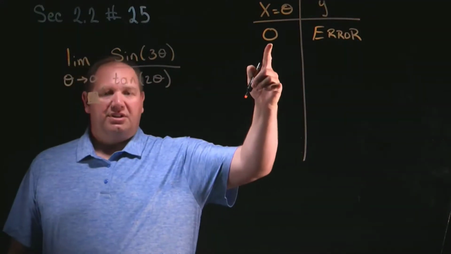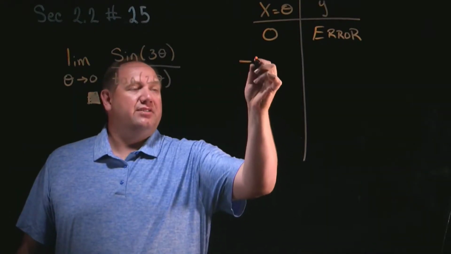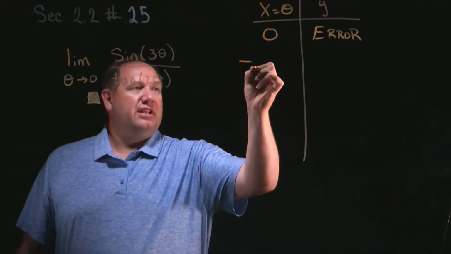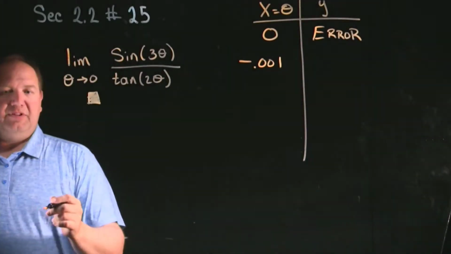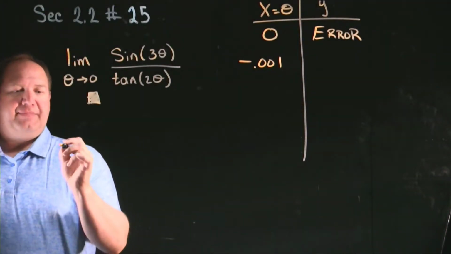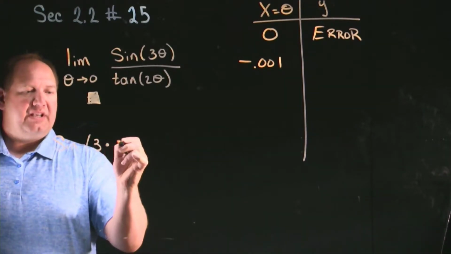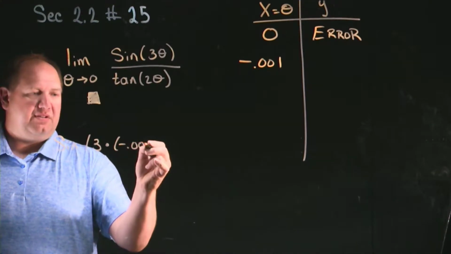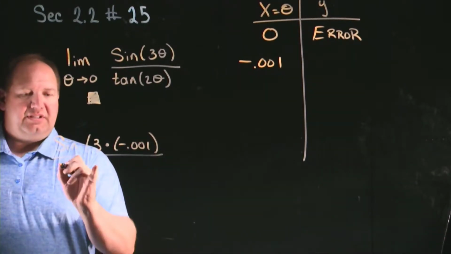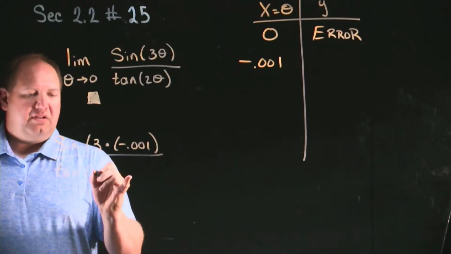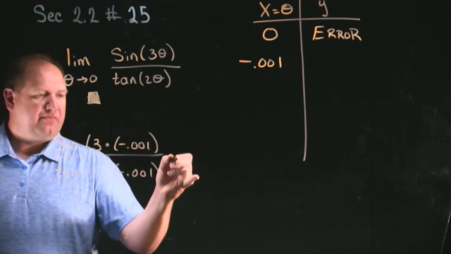So since 0 is going to give us an error, because we're dividing by 0, let's plug in some values that are close. So how about negative 0.001? So I'm going to plug that into my function and see what happens. So then I get sine of 3 times negative 0.001 divided by the tangent of 2 times negative 0.001.